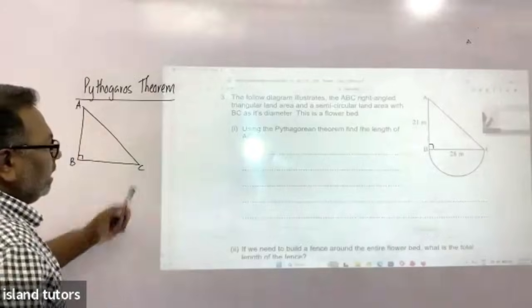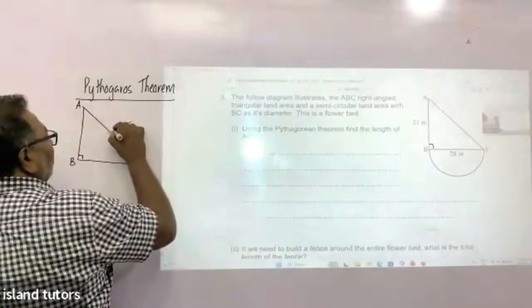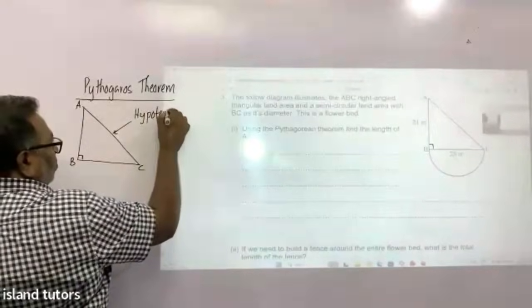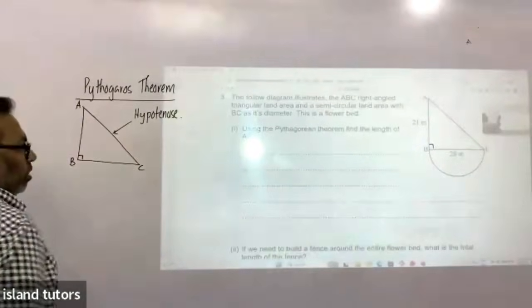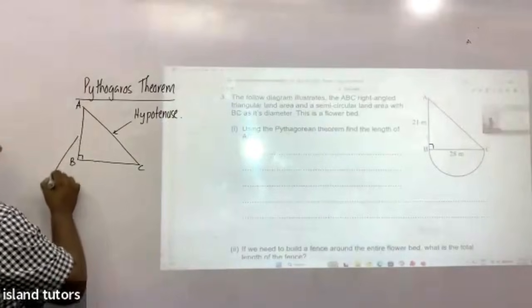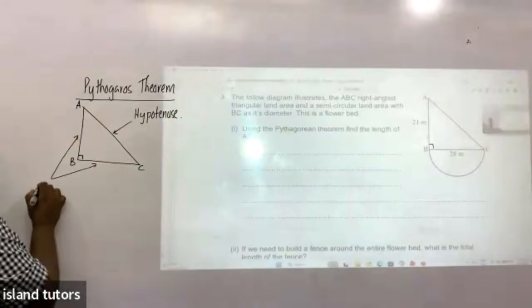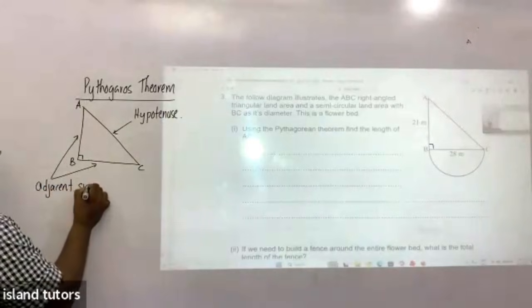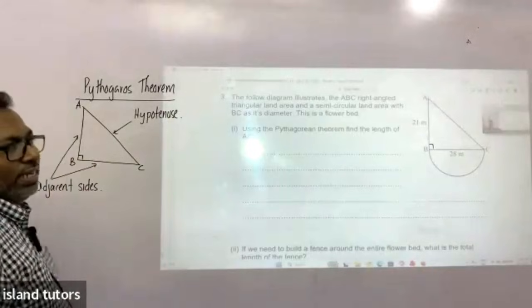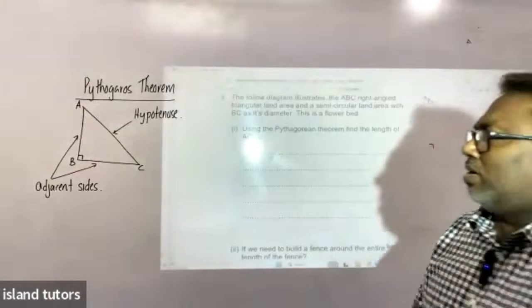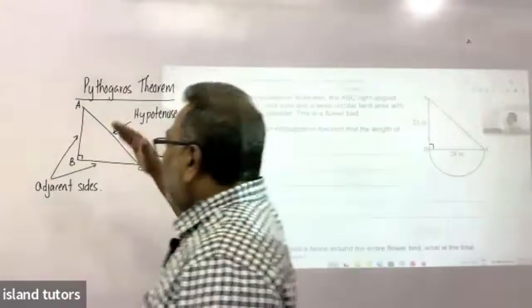This side AC is your longest side. We also call it the hypotenuse. Hypotenuse. And AB and BC are the adjacent sides. Adjacent sides AB and BC.